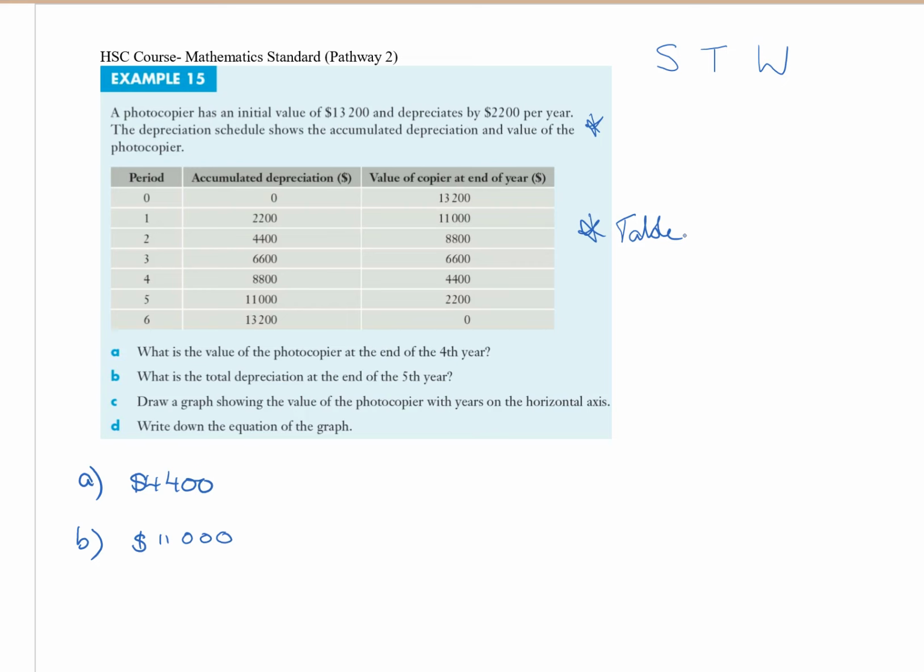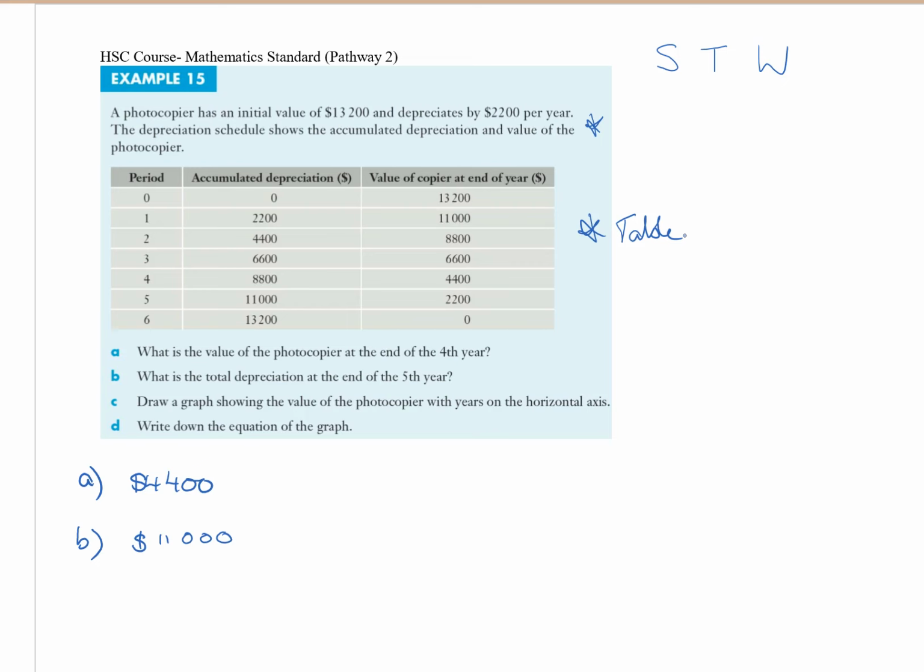I hope that you would start to think that, well, I guess you can't do a lot of thinking until you've read the words. It says a photocopier has an initial value, 13,200, depreciates by 2,200 per year. The depreciation schedule shows the accumulated depreciation and value of the photocopier.